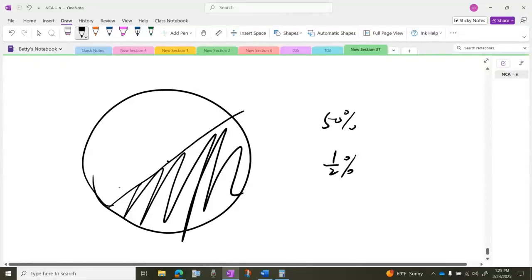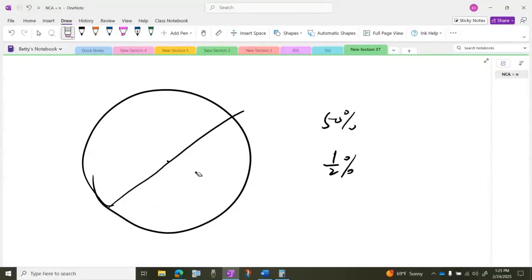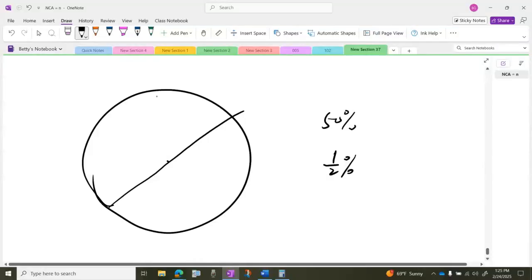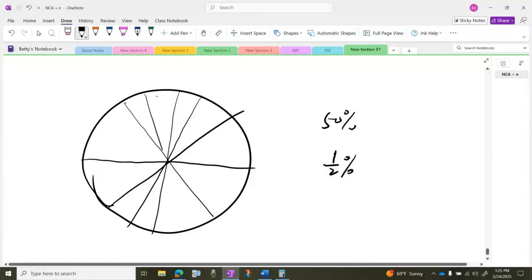But a half percent, let me show you what half percent is. Half percent of the pizza. Firstly, you cut the pizza into 100 equal slices. I know it's difficult in theory. It's going to take a while, you know.